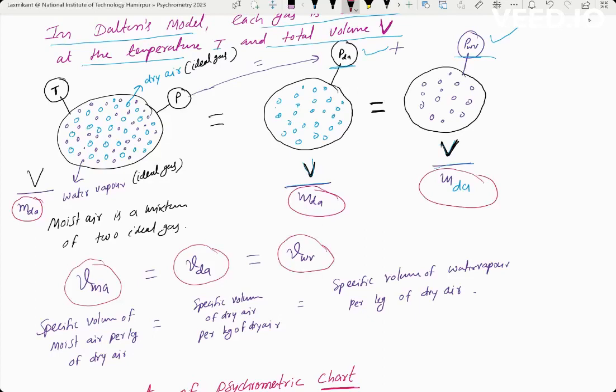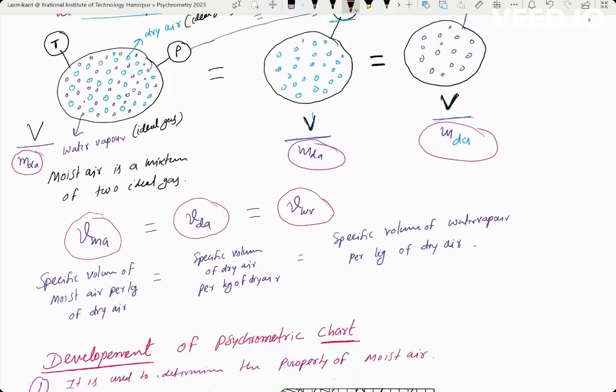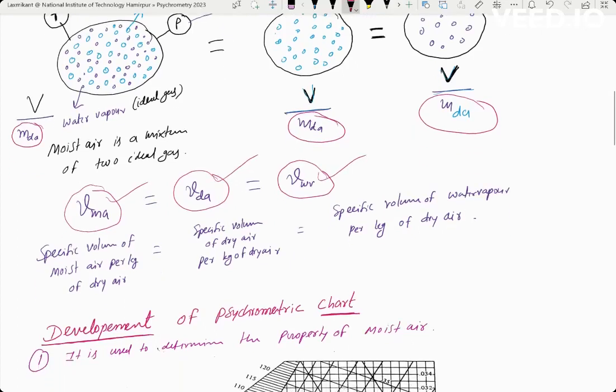Since the mass of dry air is constant in all the three cases, specific volume is the same for the moist air as well as for the dry air as well as for the water vapor. So specific volume of moist air is equal to specific volume of dry air is equal to specific volume of water vapor.